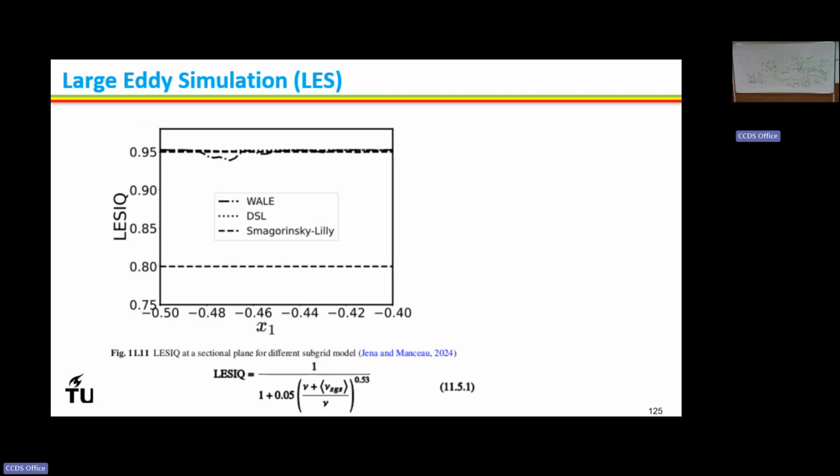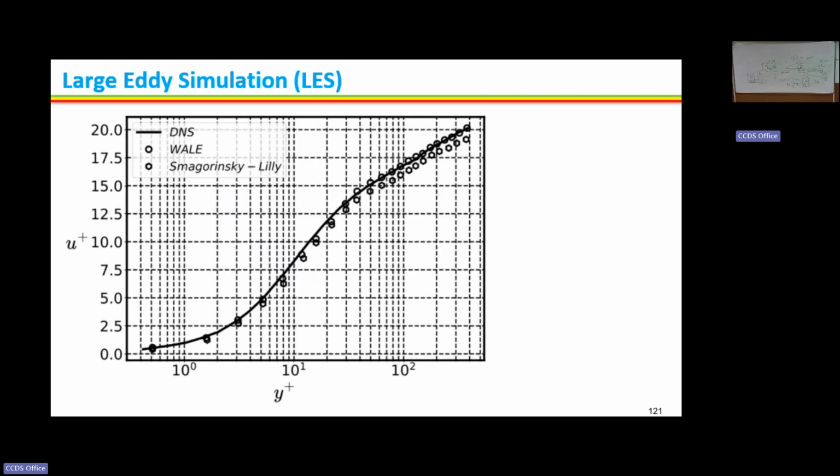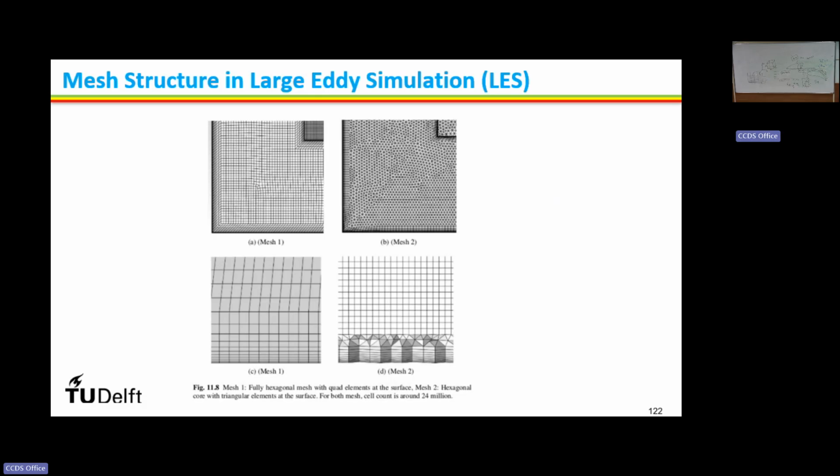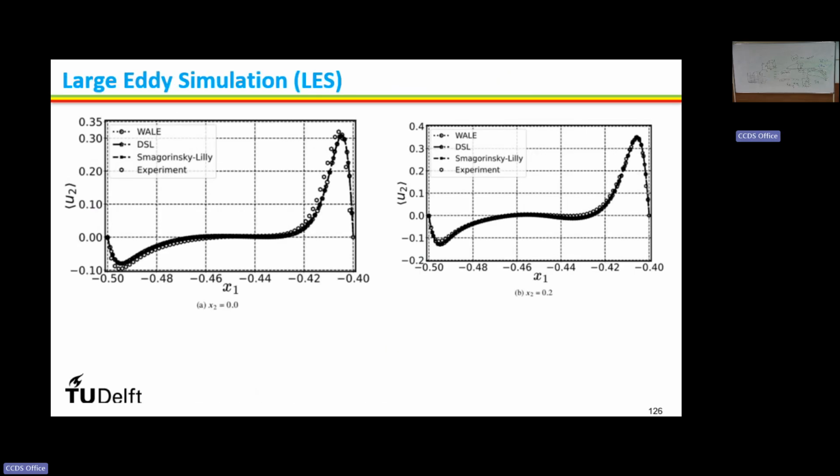That's why once you are into a DNS-level mesh, you will find the subgrid scale model hardly affects anything. Whether you use the Wale model or the Smagorinsky model, their effect you will find only in a large grid size. Once your mesh is sufficiently resolved, you will not get any difference between them.